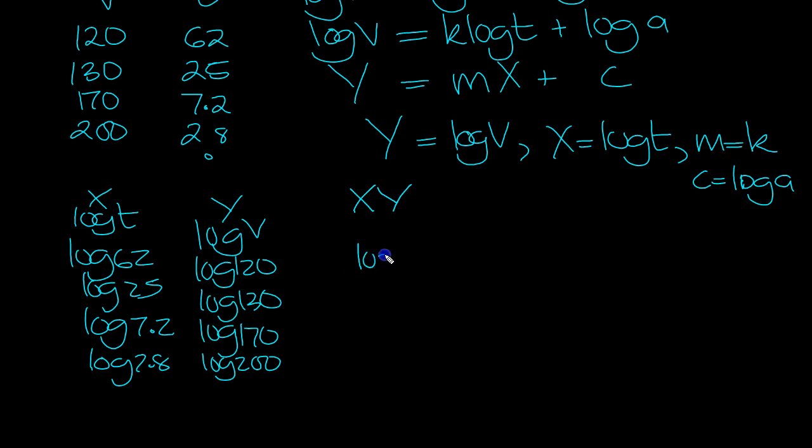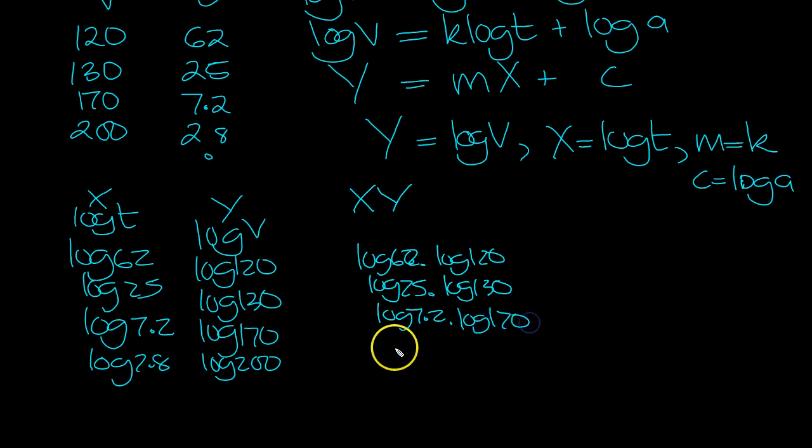So that'd be log 62 times log 120, log 25 times log 130, log 7.2 times log 170, and log 2.8 times log 200. And that way it's nice and accurate.